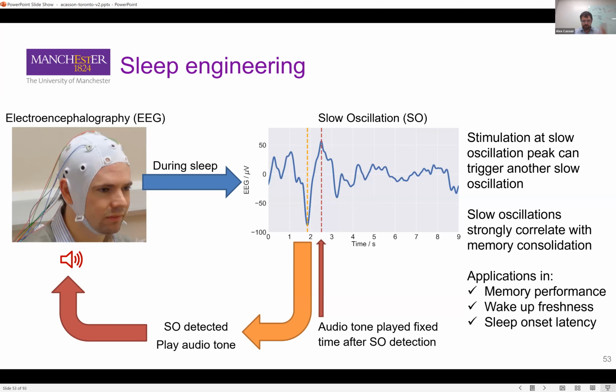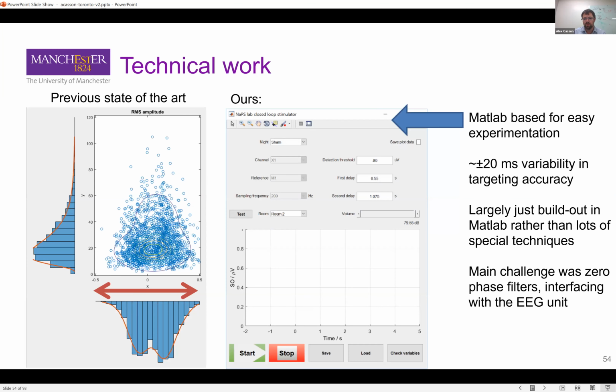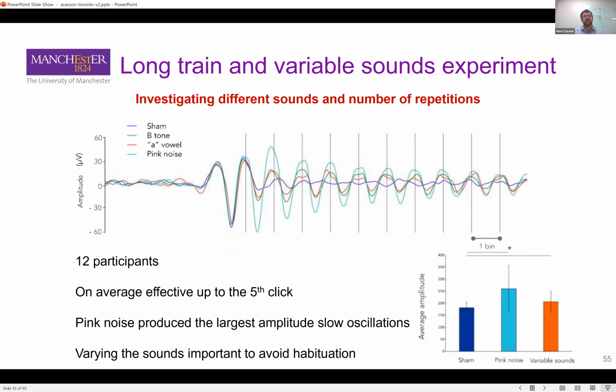So there's potential, and I think it is early stage, for looking at non-pharmacological routes for helping with memory performance, but also just helping explore what the brain is doing. We made a platform for doing that, and you can see an example here where you can see very nice trains of slow oscillations being formed based upon the stimulation that we gave.